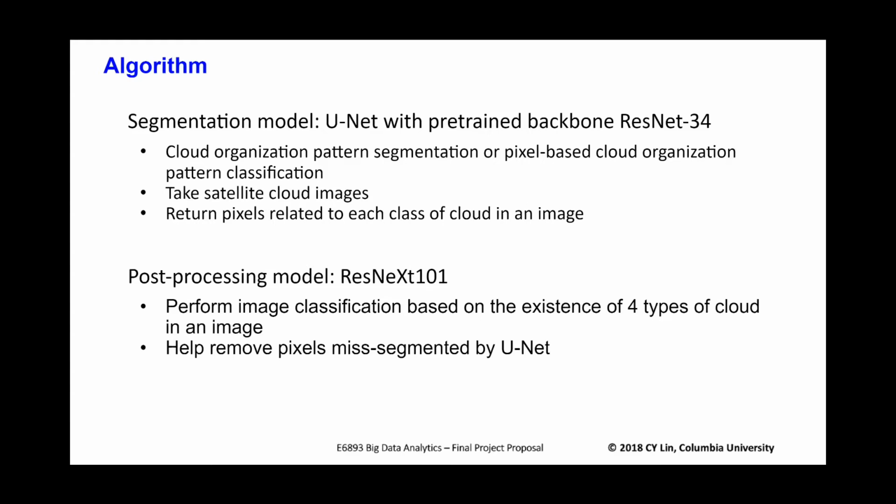It takes satellite cloud images and returns pixels related to each class of cloud in the image. We also have a post-processing method, in which we use ResNet101 to perform image classification based on the existence of 4 types of cloud in the image. This will help to improve the accuracy by removing pixels missegmented by UNet.